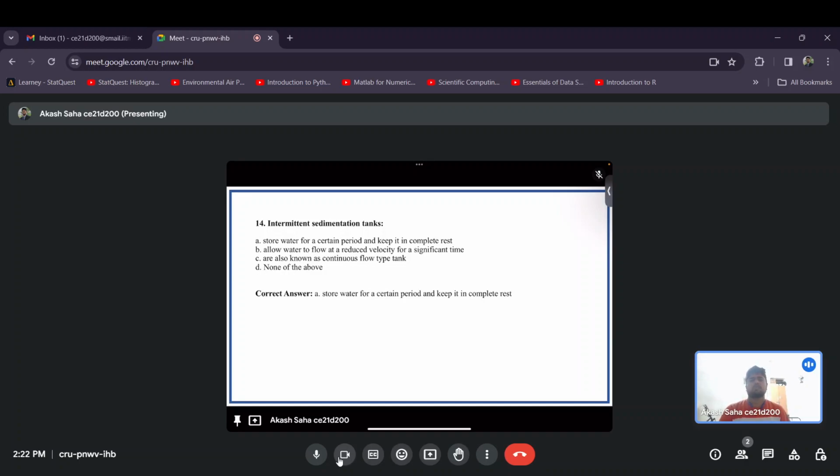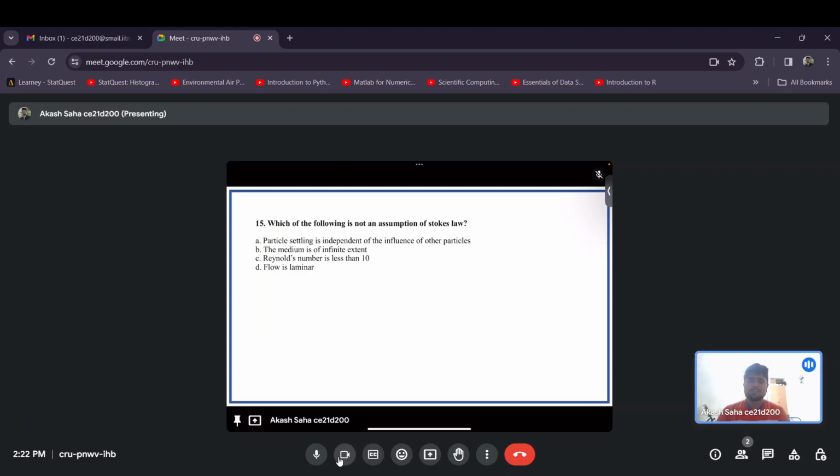It stays in complete rest, so it can also be called a quiescent type tank. Intermittent tanks or quiescent type tanks. I hope it's understandable to all of you. We'll now move on to the next problem.